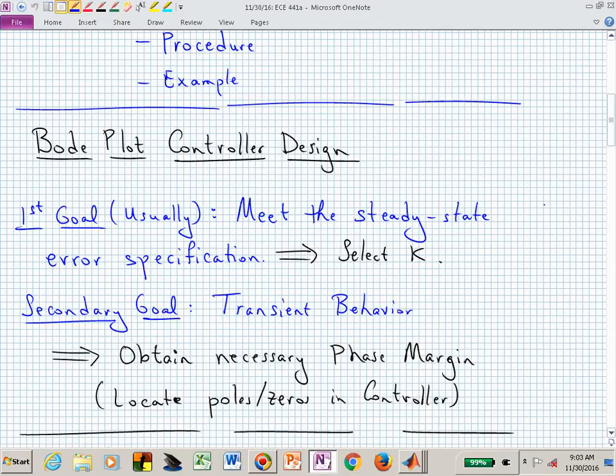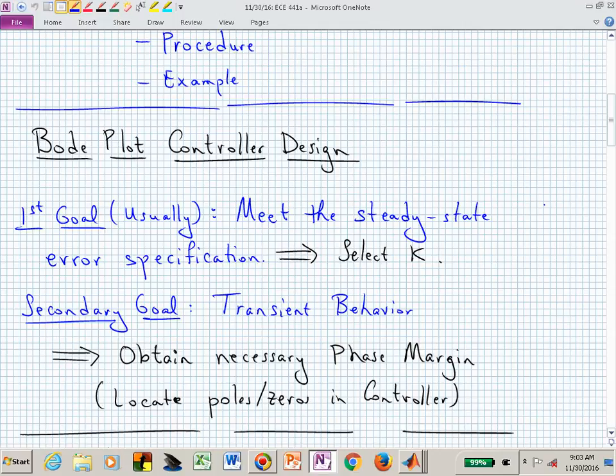We're making sure that our steady state accuracy is meeting the design specifications that we want by selecting the gain in the system. That's the first goal. Then the second goal is to adjust the phase margin to try to achieve the transient behavior that you're interested in.